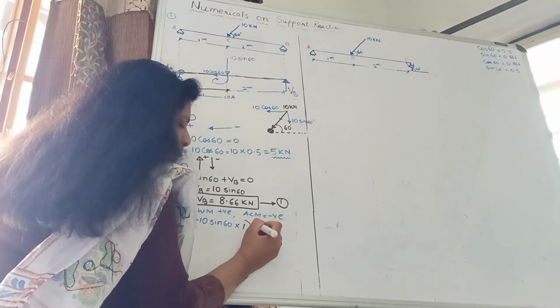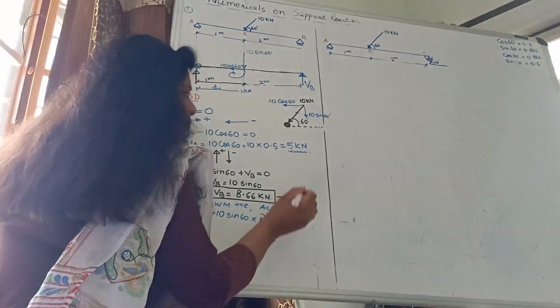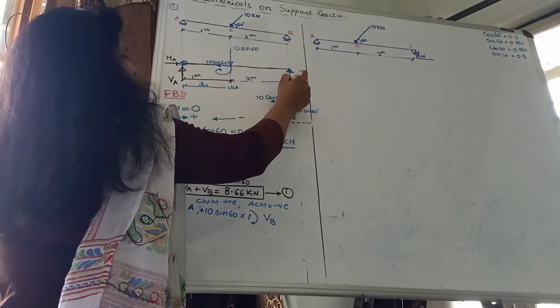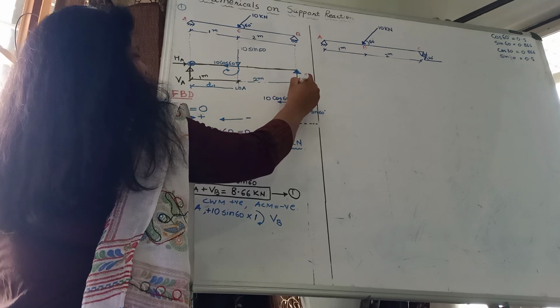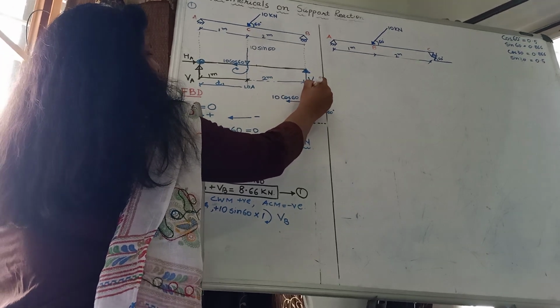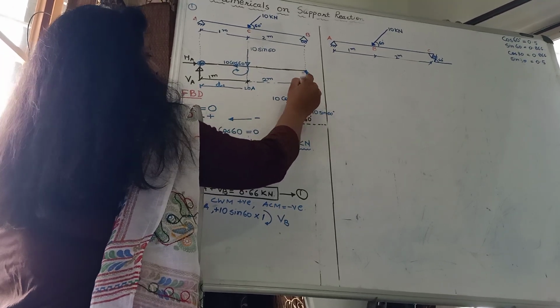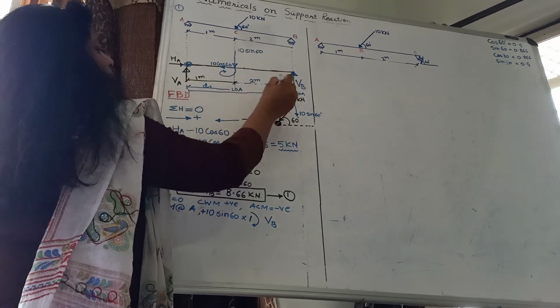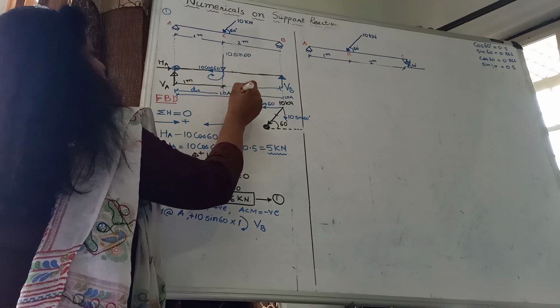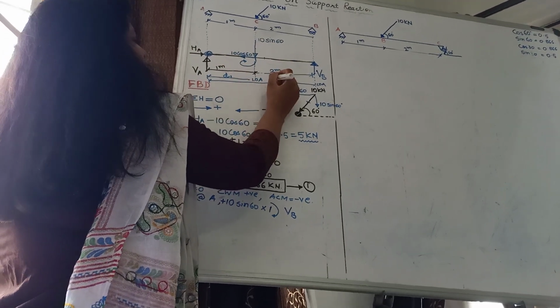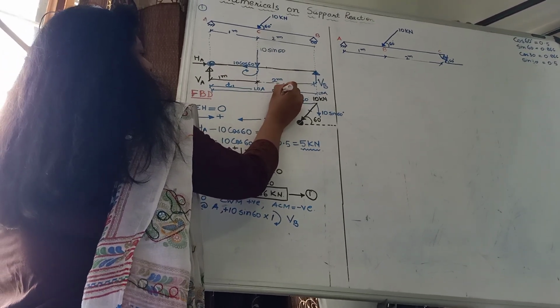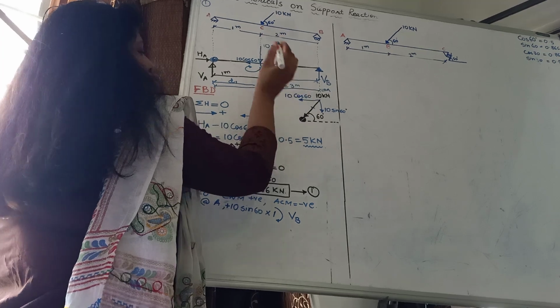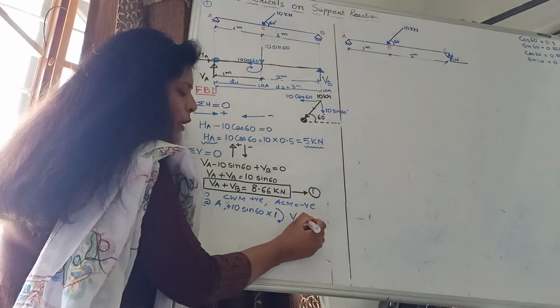Second is VB. What is the distance up to point A? So I will extend the line of action. This is the line of action, and with respect to point A, the distance is equal to 2 plus 1, that is 3. So d2 will be equal to 3 meters. Okay, so into 3.